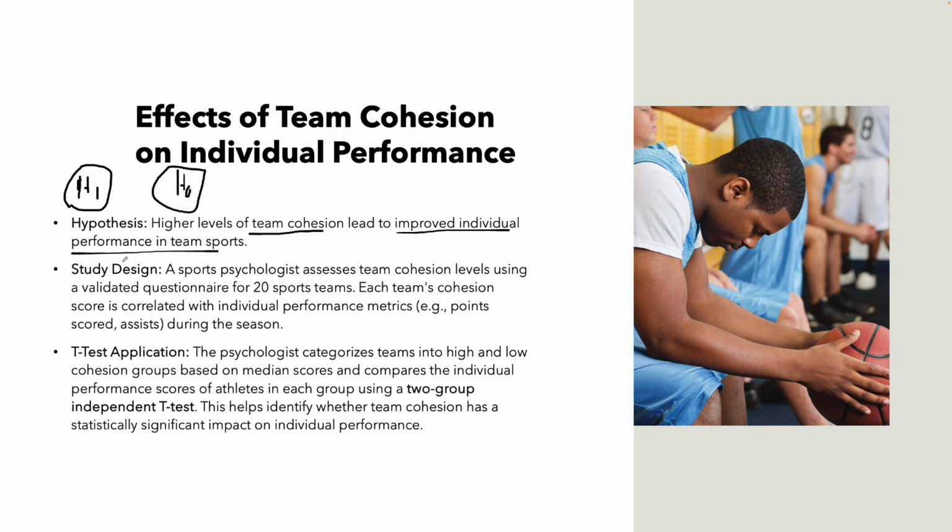So I have to figure out which one of these I'm going to accept and which one I'm going to reject. My study design: a sports psychologist assesses team cohesion levels using a validated questionnaire for 20 sport teams. I don't know what questionnaires you use, I'm just doing my best to make this real. Each team's cohesion score is correlated with individual performance metrics. For a t-test application, the psychologist categorizes teams into high and low cohesion groups.